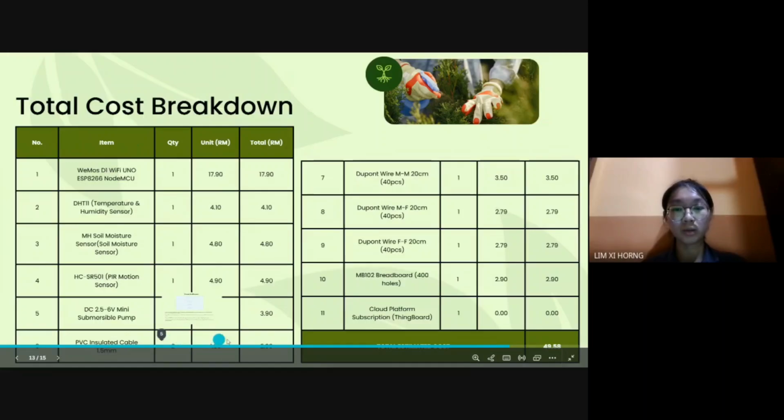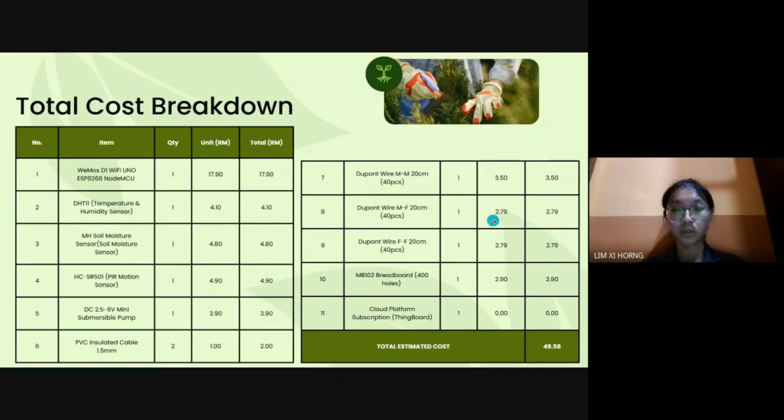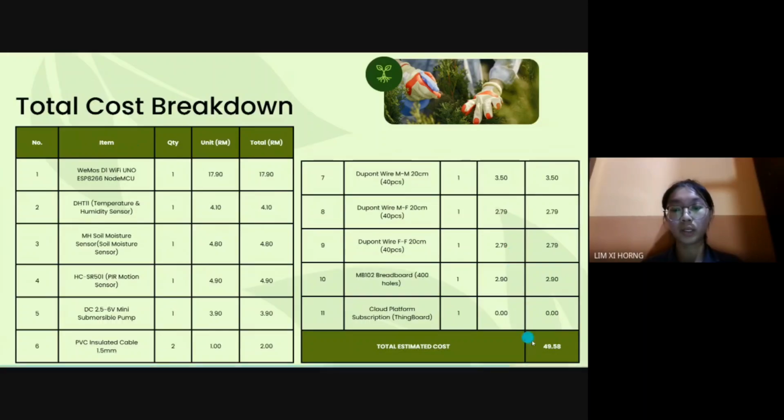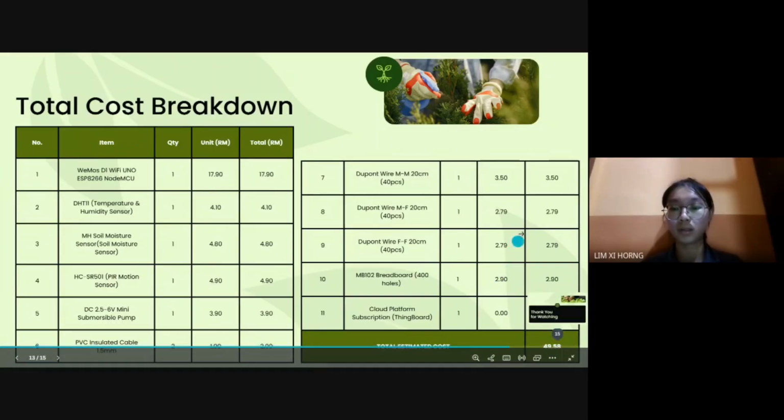And Dupont wires, male to male, male to female, and female to female, are 3 ringgit and 50 cents, 2 ringgit and 79 cents, and 2 ringgit and 79 cents. The breadboard is 2 ringgit and 90 cents. Our cloud platform subscription is 0 ringgit because we use the free trial. So the total estimated cost of our project is around 50 ringgit. So next.